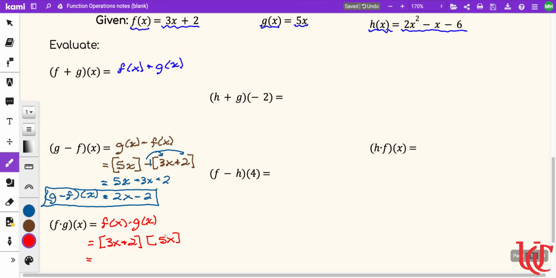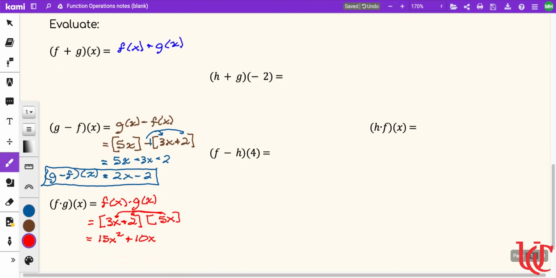So this 5x is going to get distributed to everything in the first set of brackets. So 5x times 3x is 15x squared, and 5x times positive 2 is plus 10x. Now these both have x's, however they're not like terms because the exponents don't match. So that is all I can do with this one.